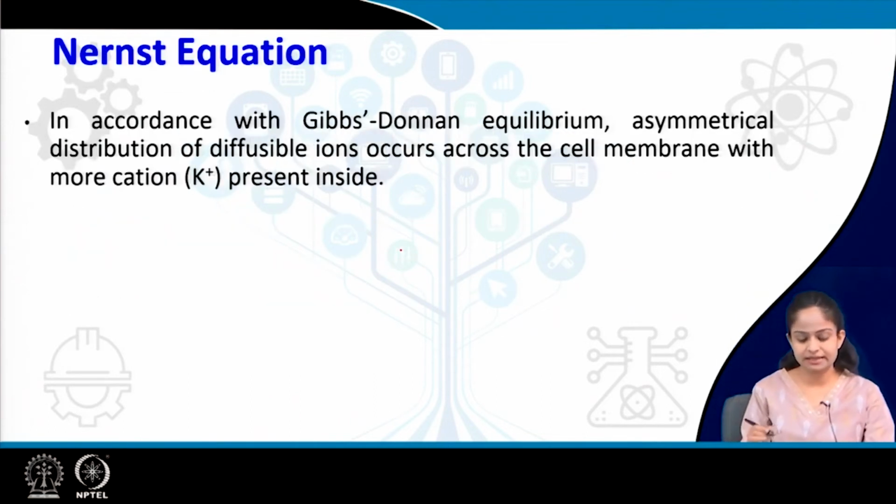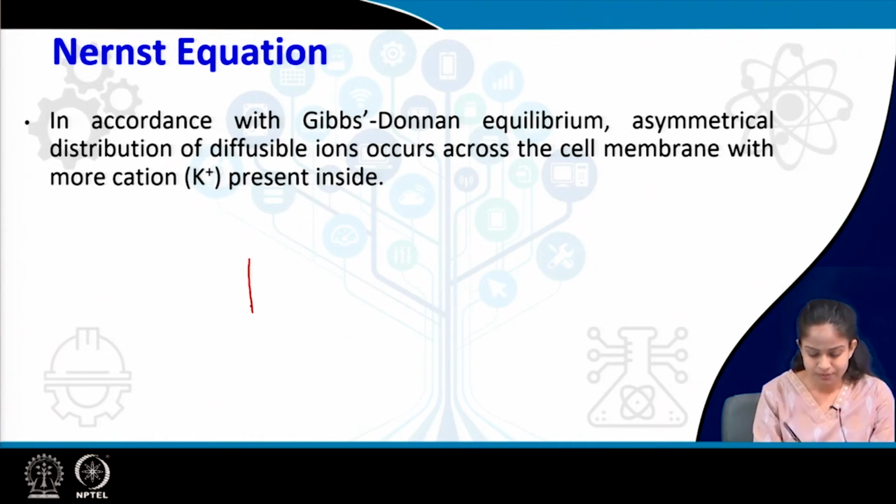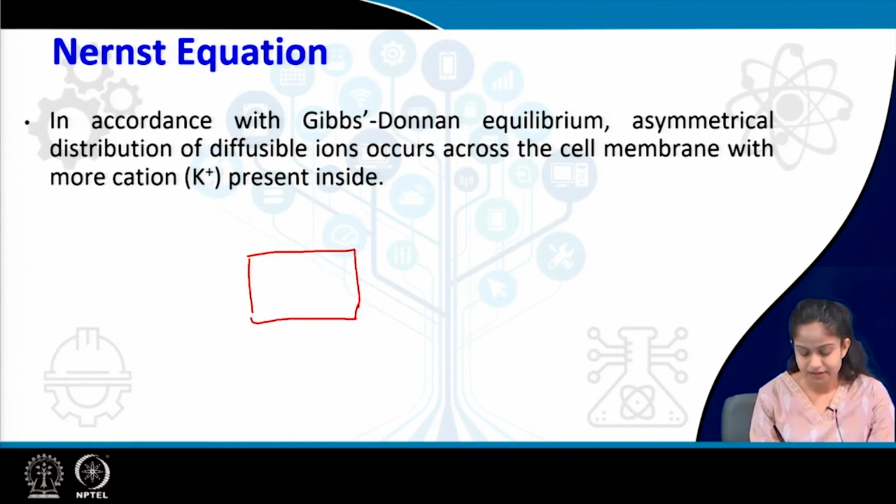Now, second, we come to the Nernst equation. Apart from the Gibbs-Donnan effect, the Nernst equation is mainly because of one single ion. Now, how one single ion contributes to equilibrium potential across the cell membrane, that we will see. Suppose we consider a glial cell.